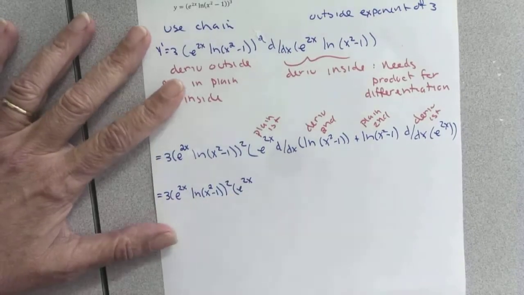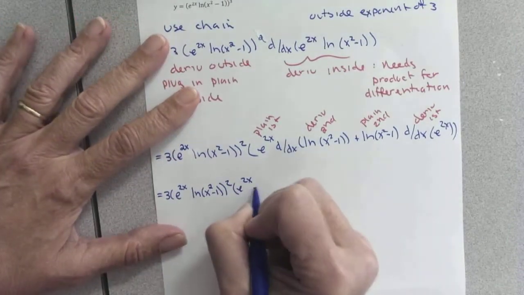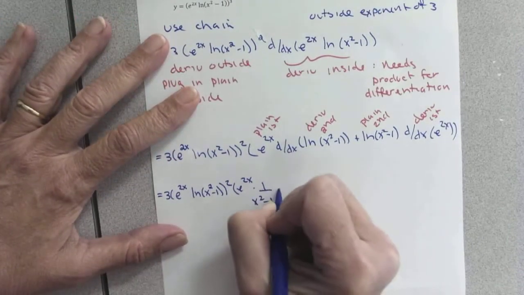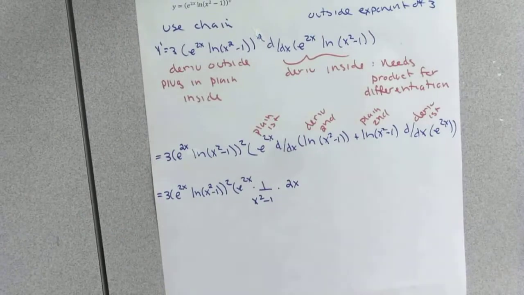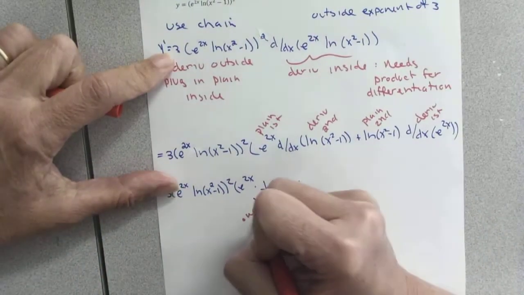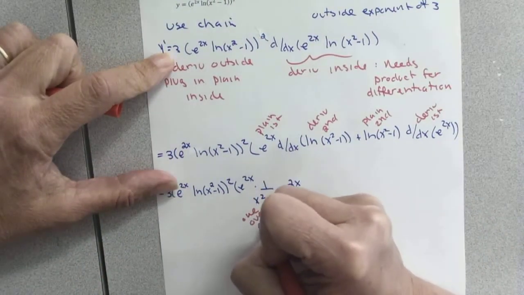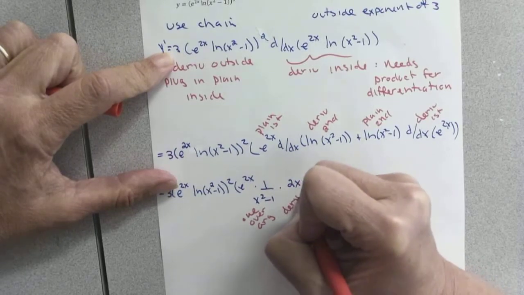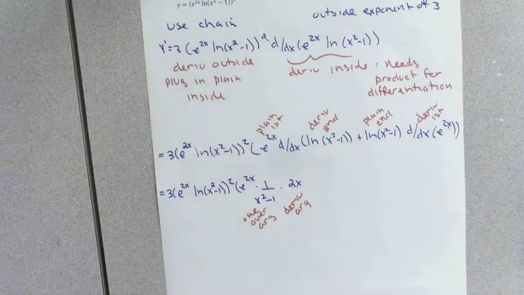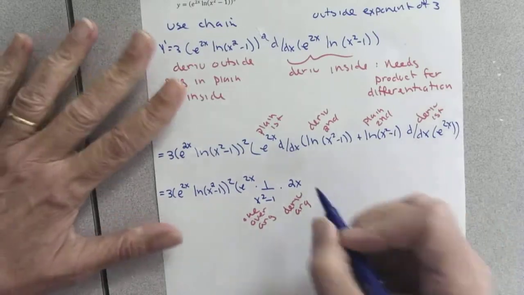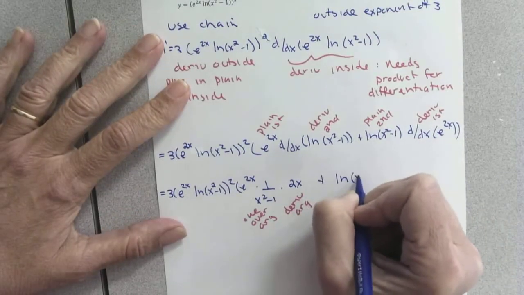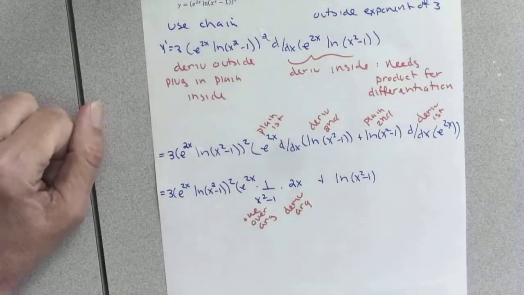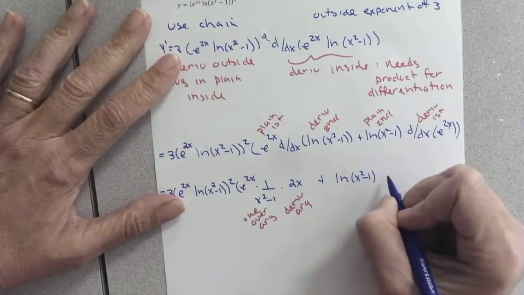Plain first, so do nothing. Then I get to the logarithm: 1 over the argument, derivative of the argument. I'm up to the plus sign. Plain second, so leave it alone, then derivative of the first.